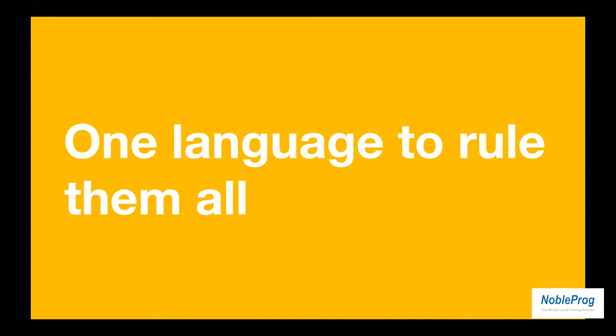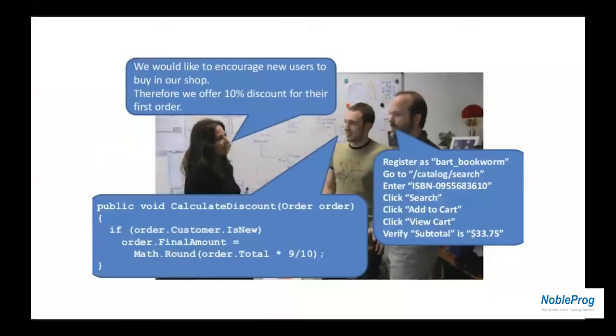Well, in our tech space, in our digital space, we're quite often coming from different disciplines, and we're all speaking slightly different languages. So you have the scenario where your business stakeholder is asking for something, probably on behalf of a customer, wanting to encourage new users to buy in our online shop, things like we'd like to give them a 10% discount.